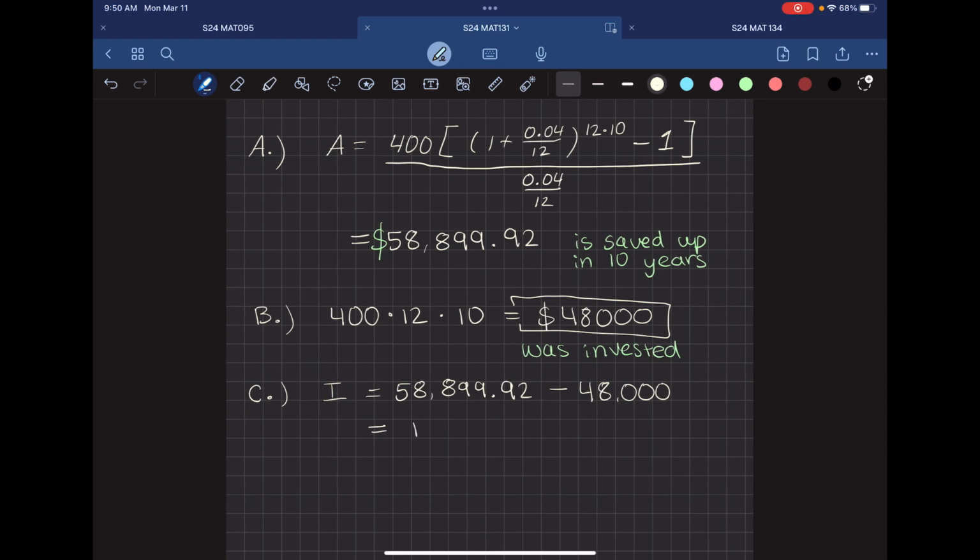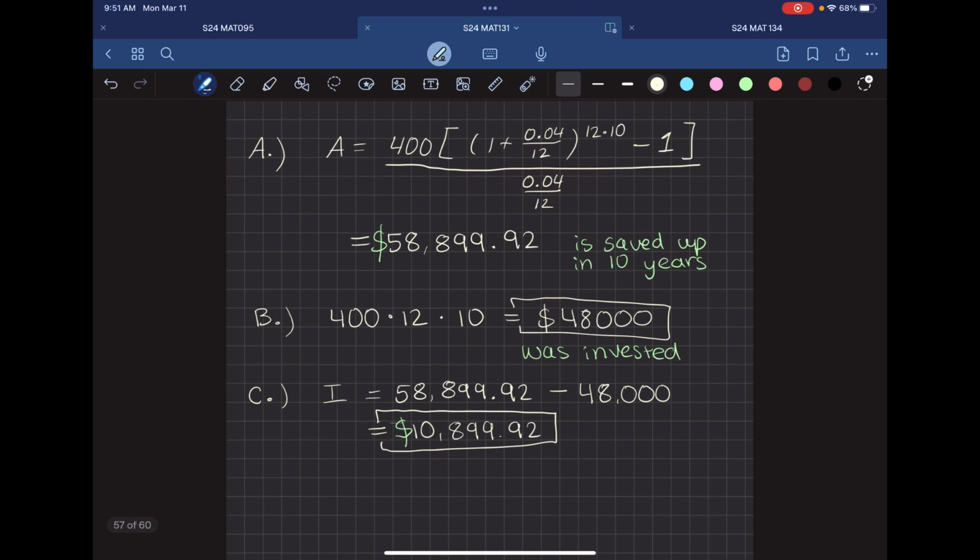And we end up figuring out that we earned $10,899.92 in interest, right? So about 20% of the amount that we had at the end actually ended up being interest, which is kind of the cool part about saving over time. The amount of interest that you earn can end up being pretty nice.